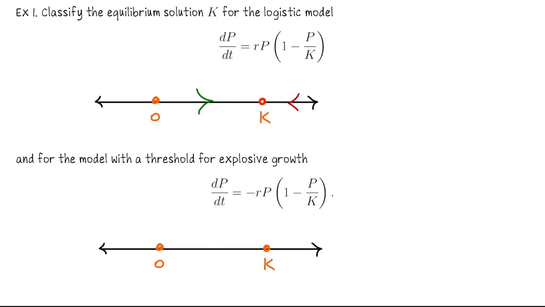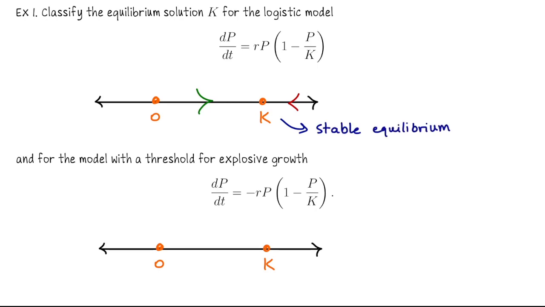So 200 birds on an island is right at the carrying capacity. What happens if there's a big storm and then there are 194 birds? You come down here, you would return back to K over time. Similarly, if there's a baby boom and suddenly there are 210 birds, you would decay back down towards K. So this is a stable equilibrium.